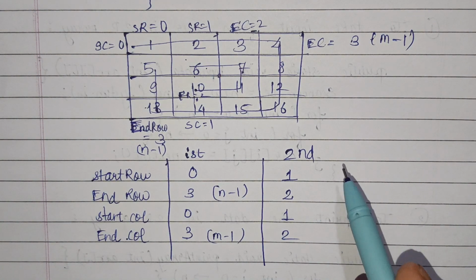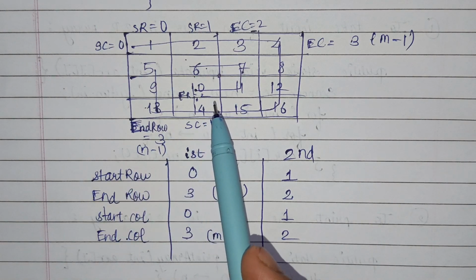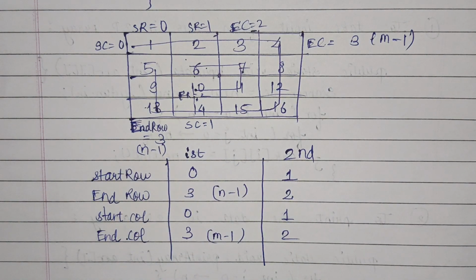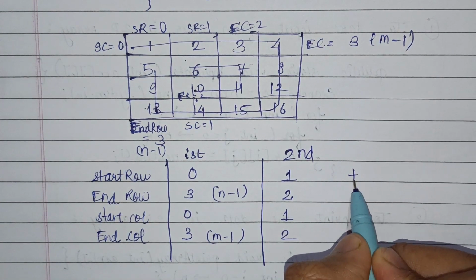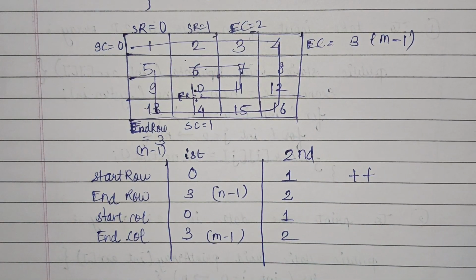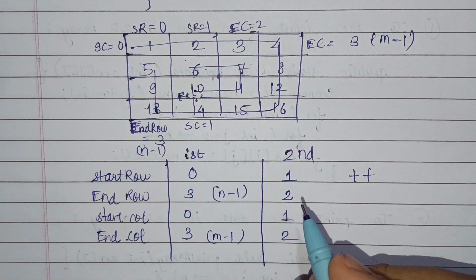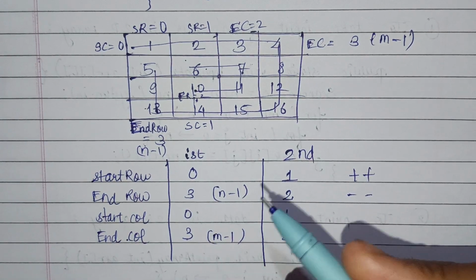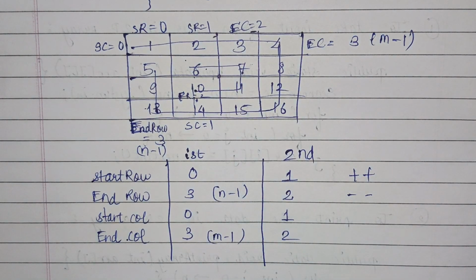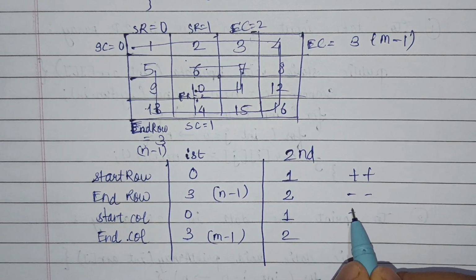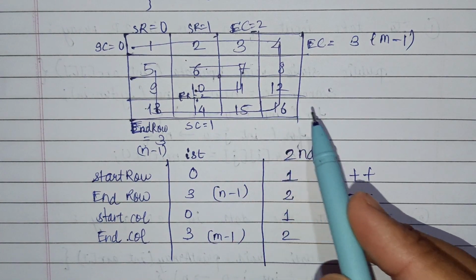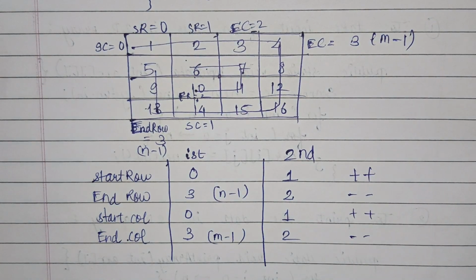Okay, after completing the outermost boundary, the starting row increases, then our ending row decreases. Again, our starting column increases and our ending column decreases. So we have to shrink our matrix in this pattern.